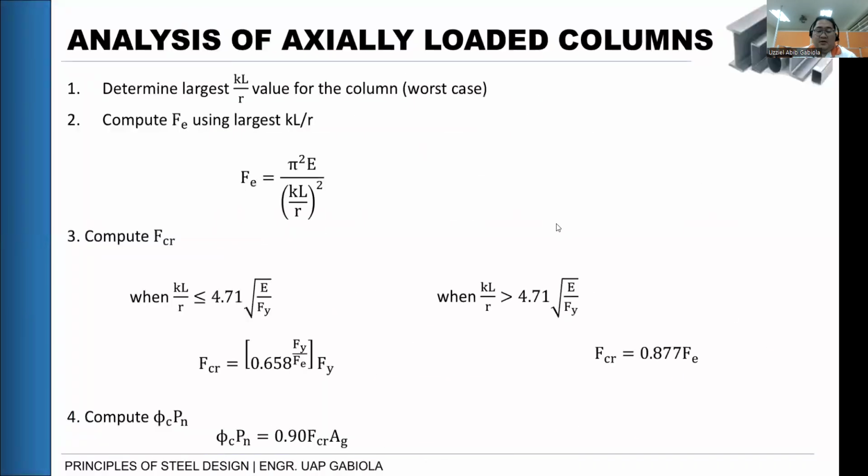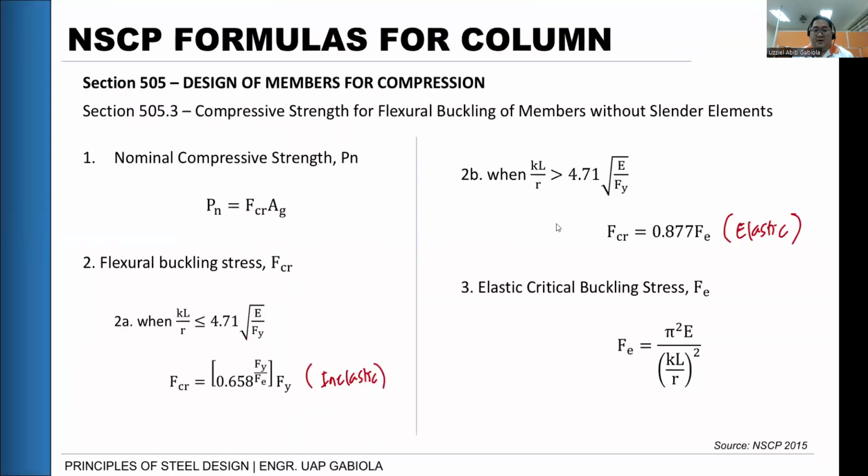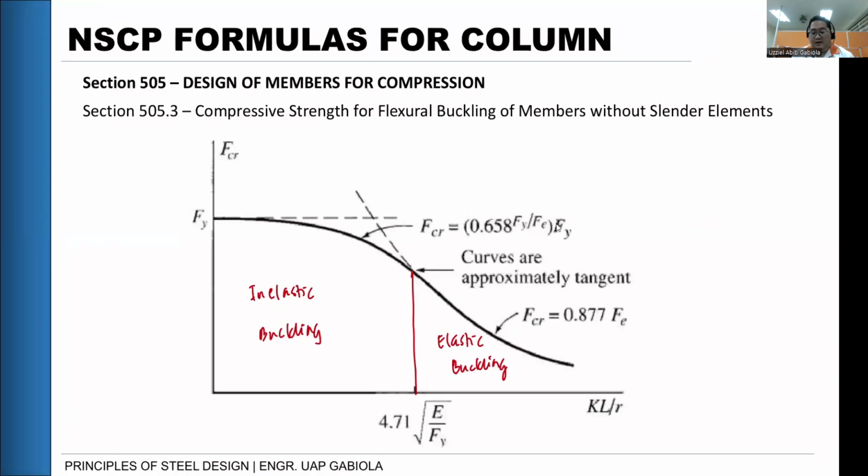So, for method 1, ito lang yung steps na kailangan natin i-consider. Number 1 is to determine yung largest KL over r value natin for the column. Okay? So, again, ang kailangan natin is yung KL over r na pinakamalaki kasi nga, according to our buckling graph, as the value of the KL over r increases, yung value ng stress natin decreases.